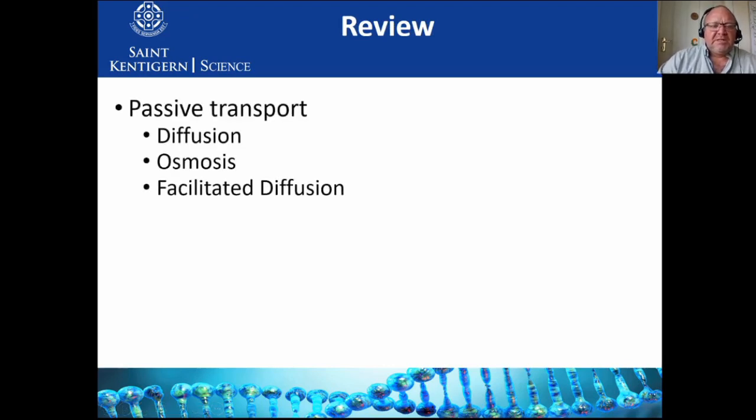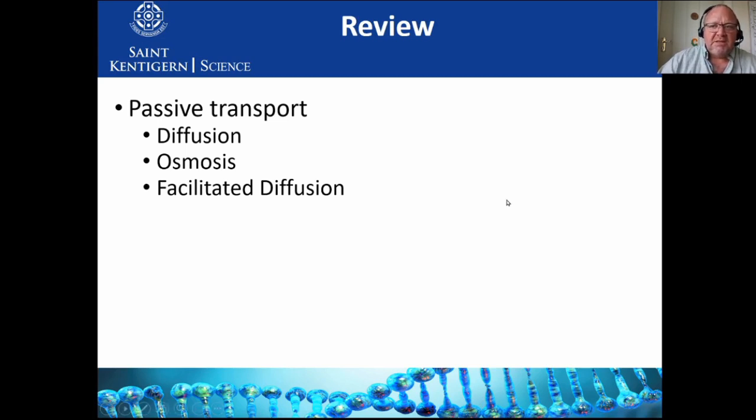Passive transport, we said, is diffusion, osmosis, and facilitated diffusion. Remember, facilitated diffusion is when there's a protein involved, a membrane protein or membrane-bound protein, something specifically like an aquaporin or a channel protein, where stuff that is water soluble can go through, whereas stuff that is fat soluble can simply travel through the membrane.